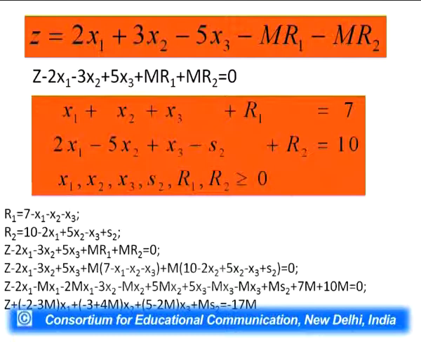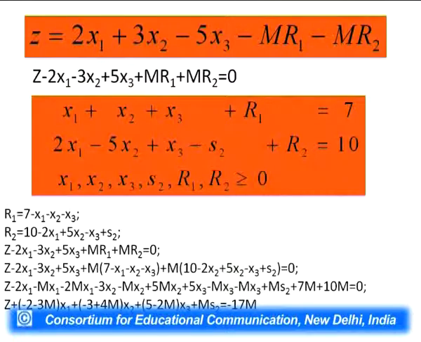After simplification, we get z minus 2x1 minus Mx1 minus 2Mx1 minus 3x2 minus Mx2 plus 5Mx2 plus 5x3 minus Mx3 minus Mx3 plus Ms2 plus 7M plus 10M, and then of course, this is equal to 0. On the left hand side we have a lot of terms, on the right hand side we have 0 only.